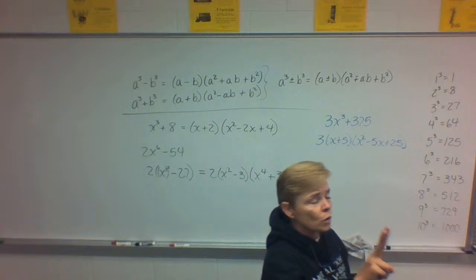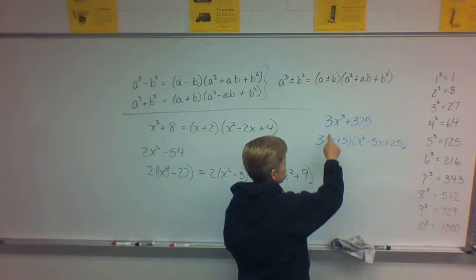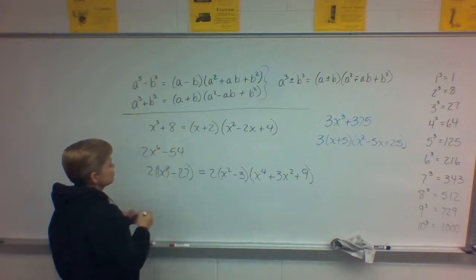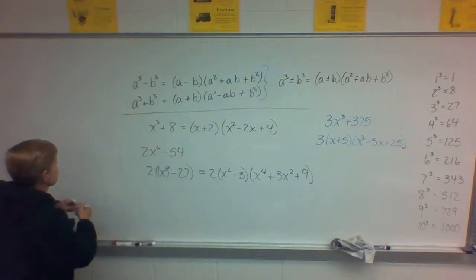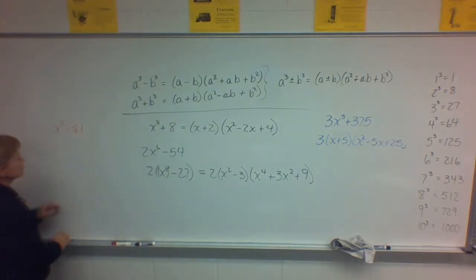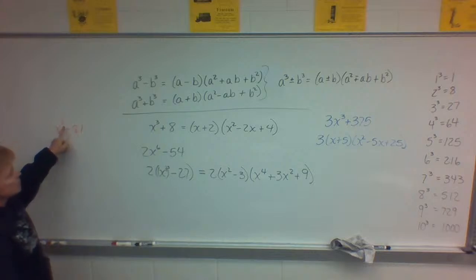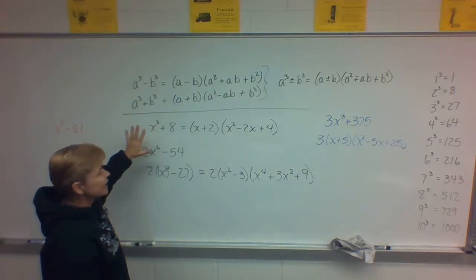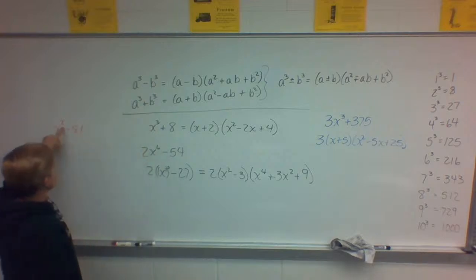If it has two terms, like this, and like this, and like this, it's either going to factor as a difference of 2 squares or as a sum or difference of 2 cubes. The key to which one you're going to use is the power on this number.